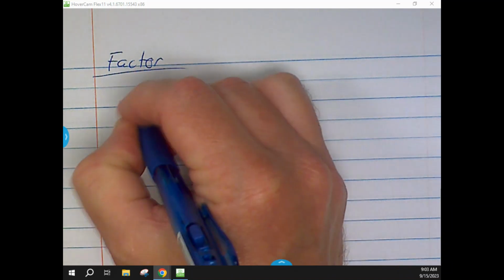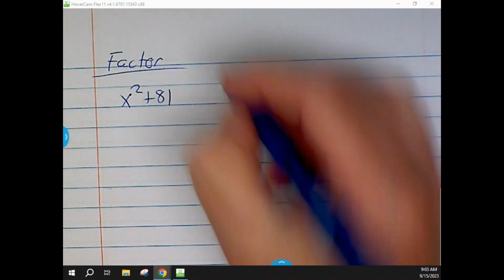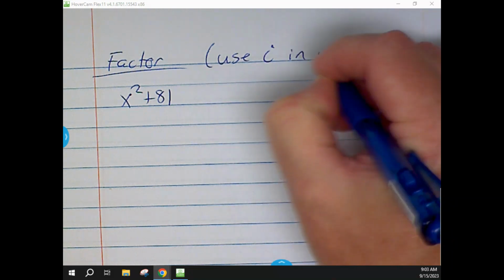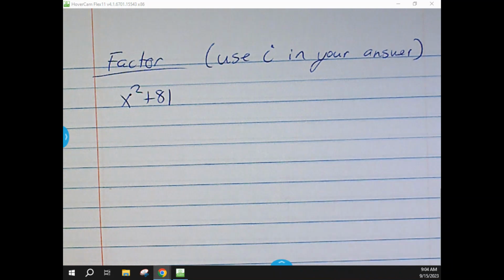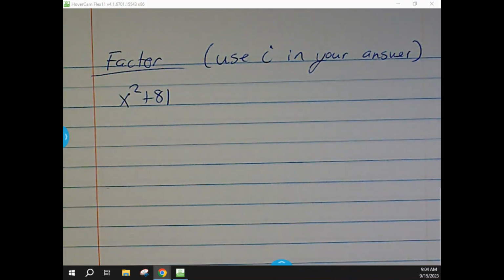And again, this is all still in that section with complex numbers. This is probably one of those cases where they would tell you, leave your answer in complex form, or use i in your answer. They'll probably give you some kind of hint and let you know, okay, this is not just regular factoring in this case.